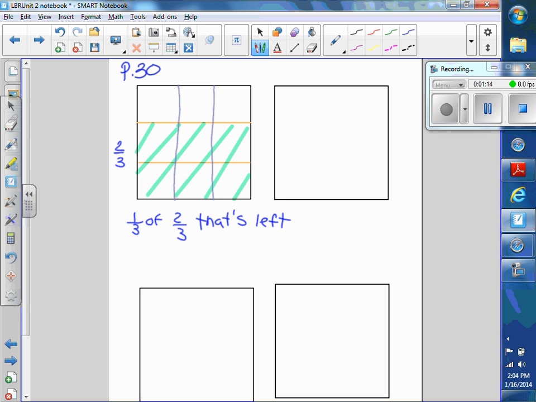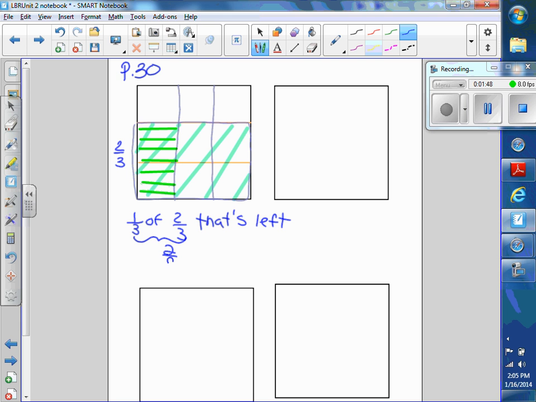So now I've taken the green part, my 2/3, and you look at that, I can take 1/3 of that. So I'm going to just take 1/3 of what's left. You see that? Okay. So what fraction does 1/3 of 2/3 represent? 2/9, right?